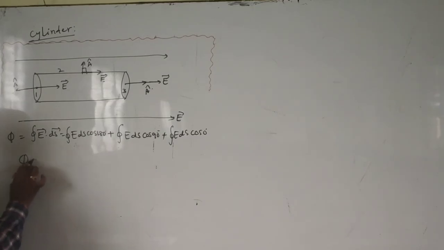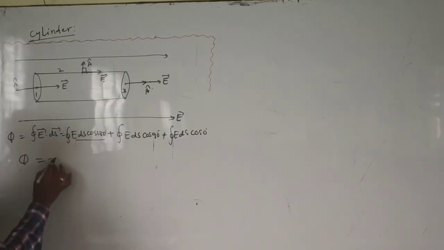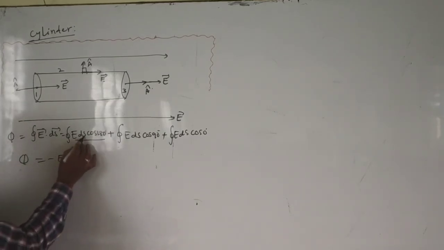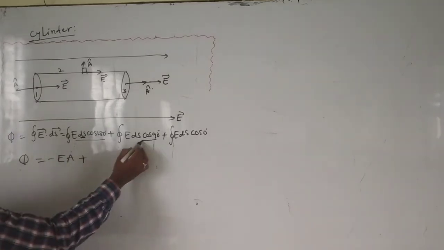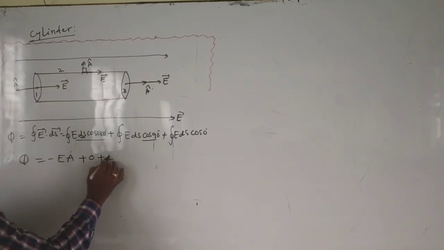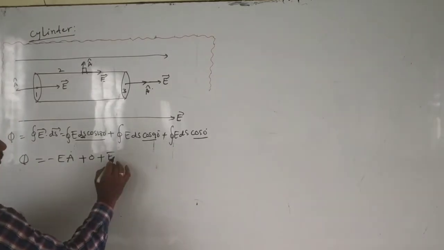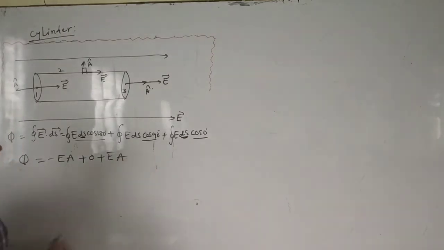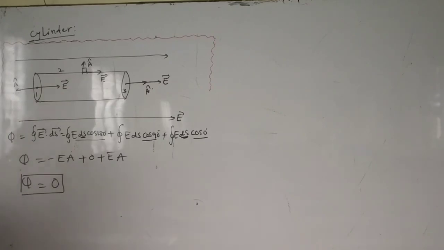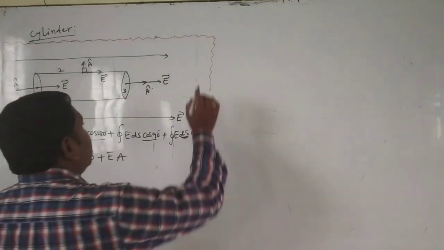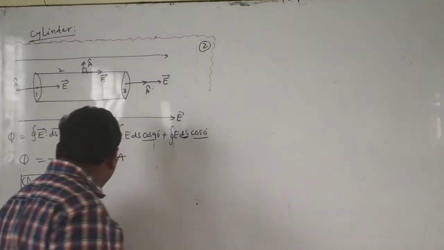So the first term becomes minus E times the total area A, the second is 0 because cos 90 is 0, and the third is E cos 0 which is 1, giving A. The flux is minus A plus A. We get the answer 0.